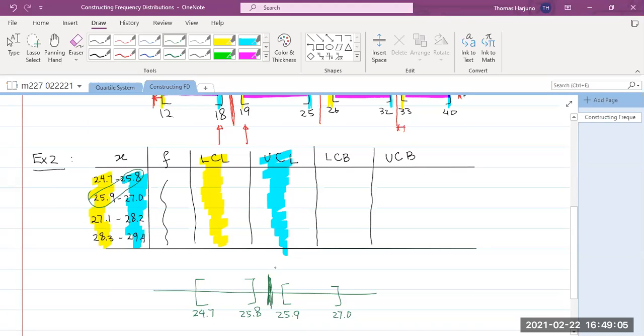The midpoint will be 25.8 plus 25.9 divided by 2, that is 25.85. That's the cutoff, and the lower class boundary for the next class will be the same. You see what I mean?